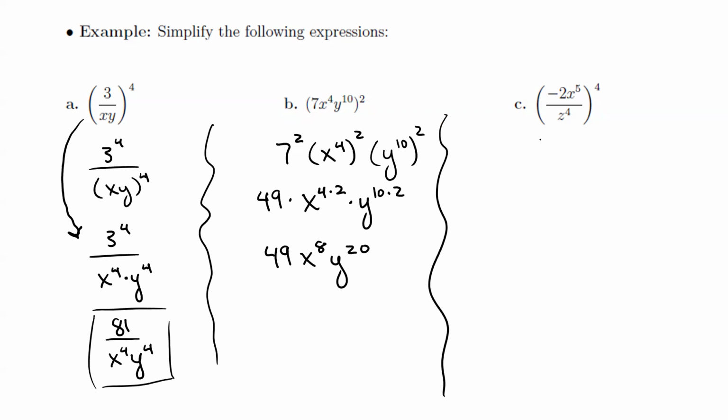And here's another in part C. So I will take the top raised to the fourth, and I'll take the bottom raised to the fourth. But on top, I've got more than one thing multiplied together in parentheses raised to the fourth power.